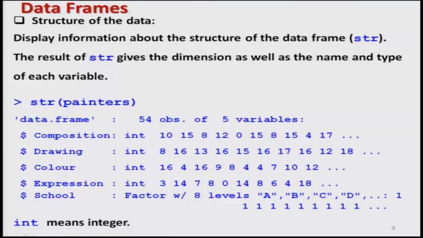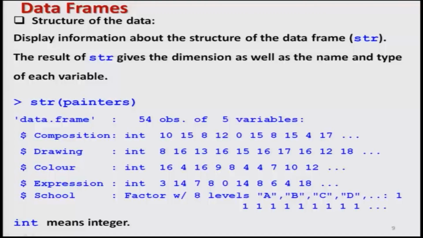Now, once we have understood how a data frame is created, we try to explore some other aspects. The next aspect is that we would like to know the structure of the data. Structure of the data means that in a data frame there can be a numeric variable, a character or a string, or different types of things can be combined.